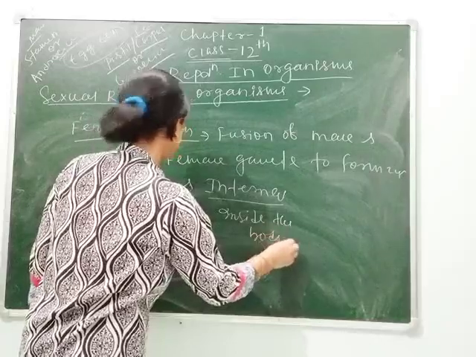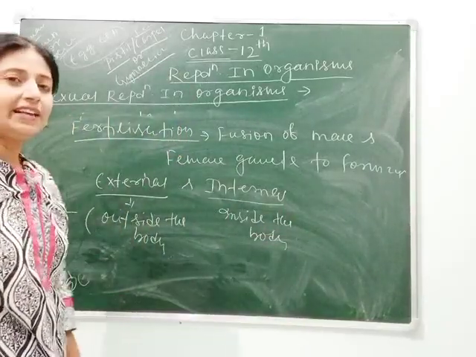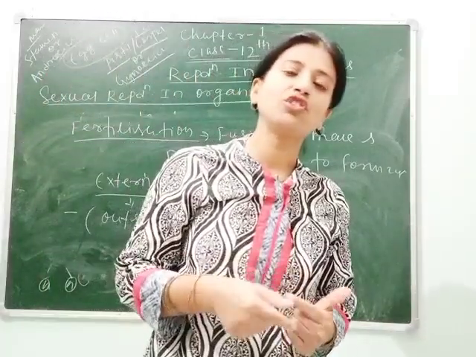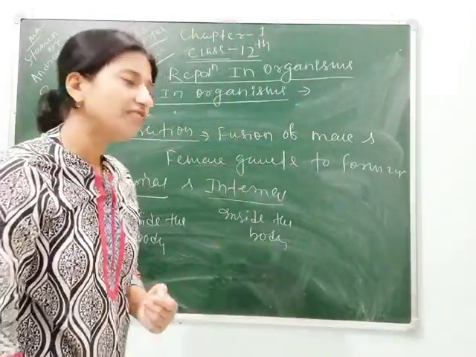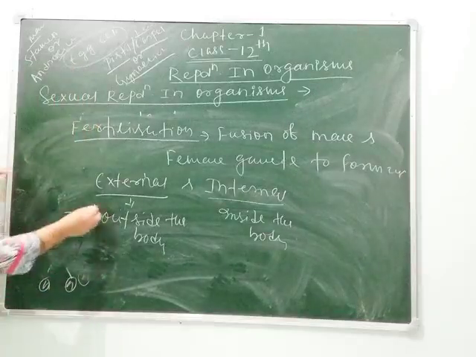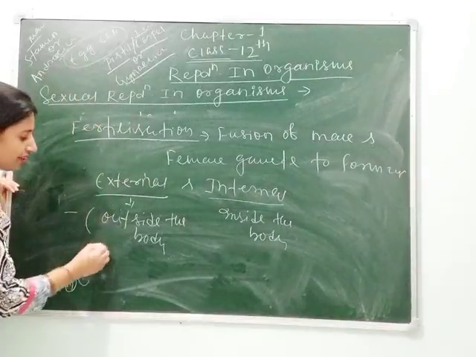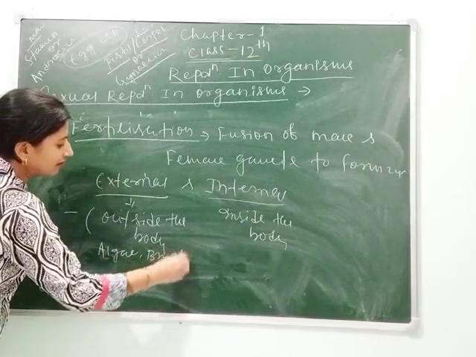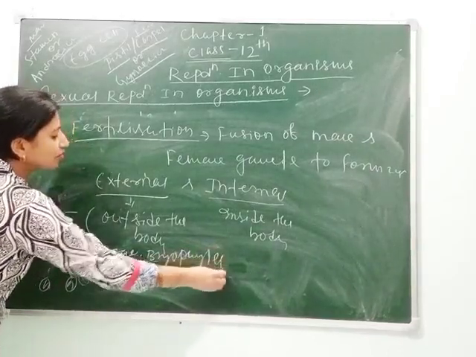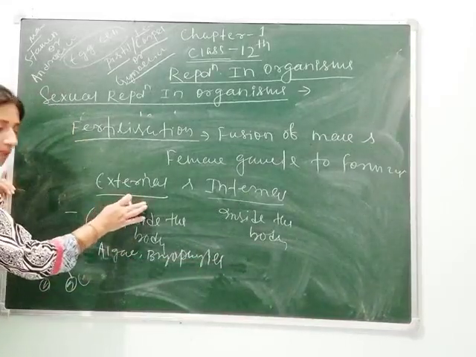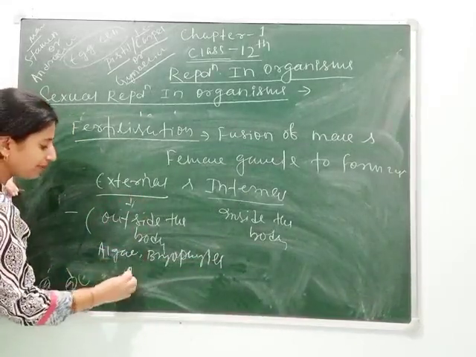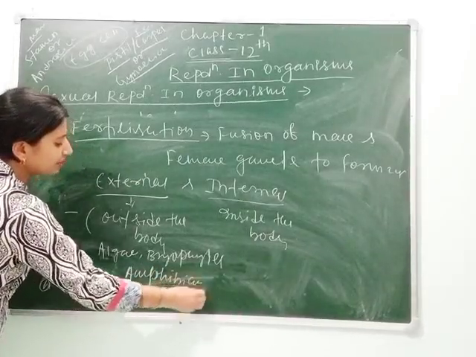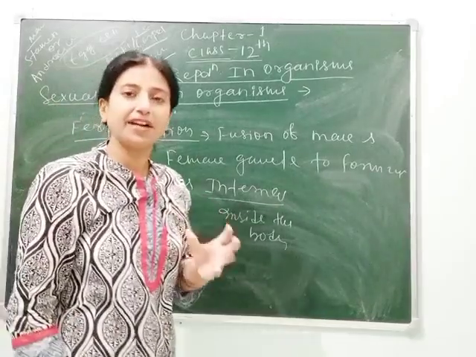As I have told you, algae, bryophytes and some species of pteridophytes show external fertilization, and frogs, meaning amphibians, also show external fertilization. So external fertilization occurs in both plants and animals, in a water medium.